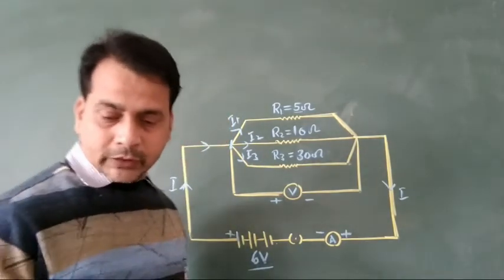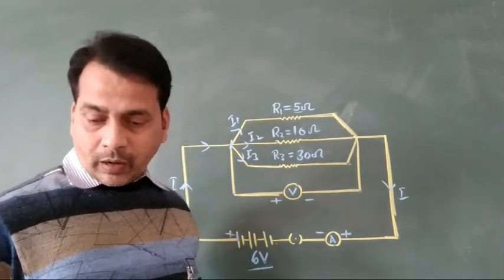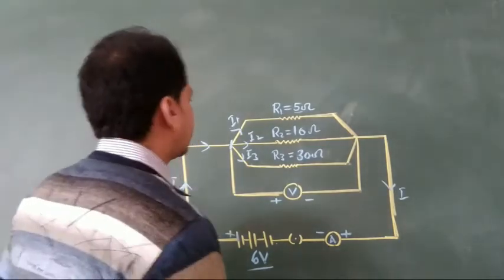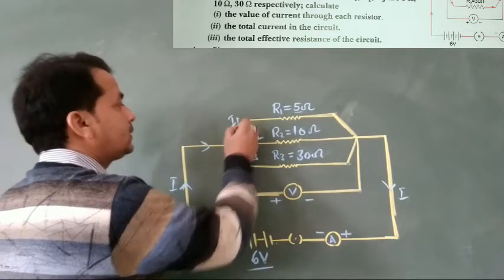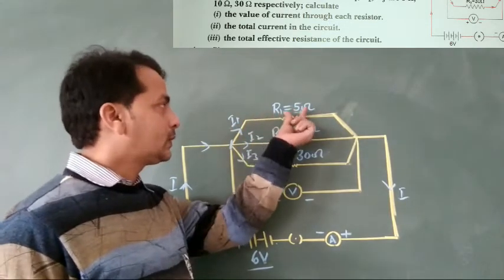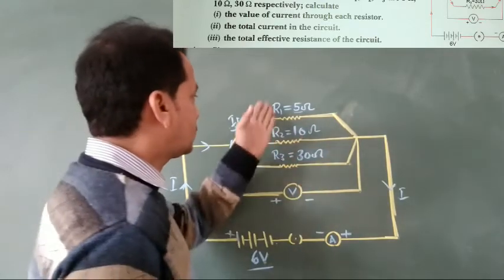So the first question is the value of current through each resistor. Current I1 flows through the 5 ohm resistor.